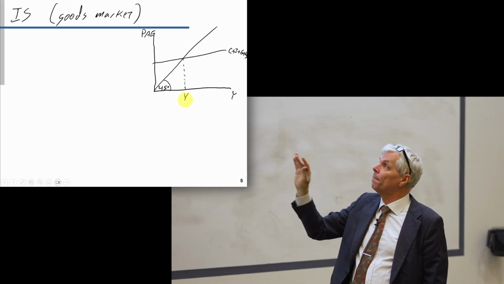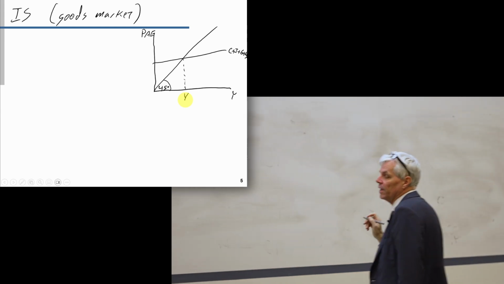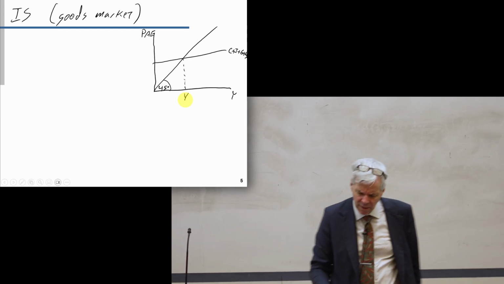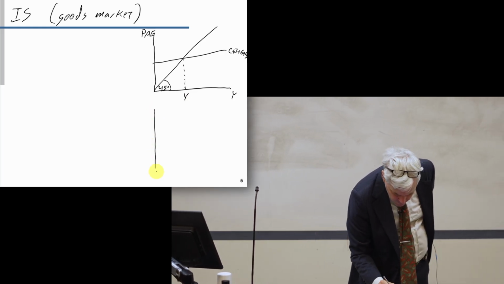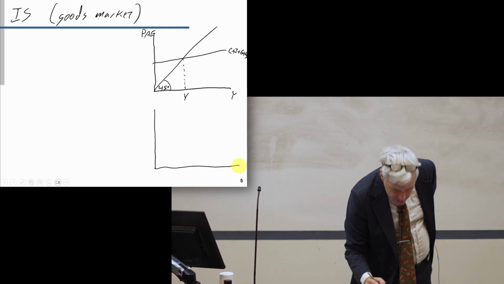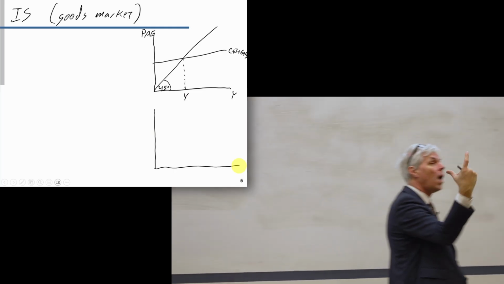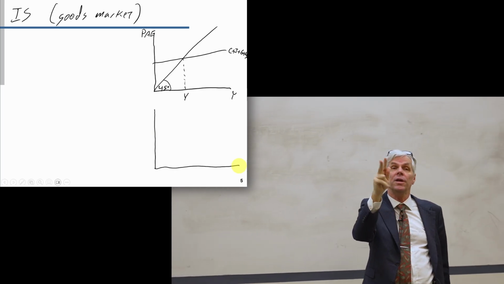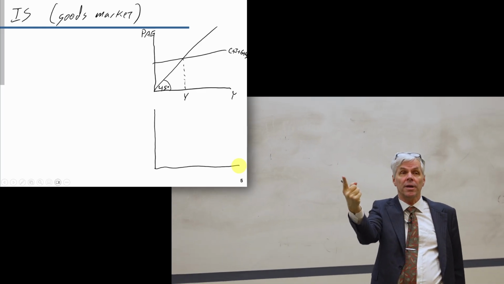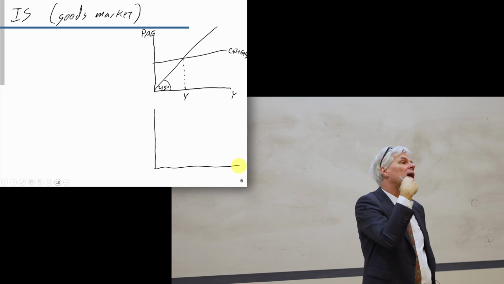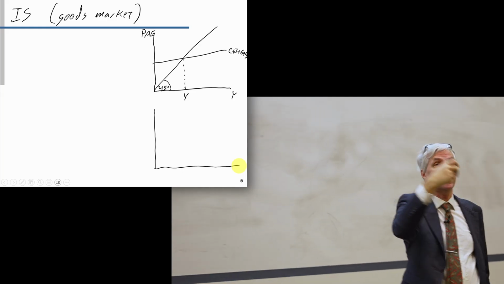Okay, given all that, now down below this I'm going to draw a new graph that connects Y and I, because those are my two interconnections between the financial market and the goods market. Y is our goods market, that affects the money market. I is coming from the money market, that affects the goods market.